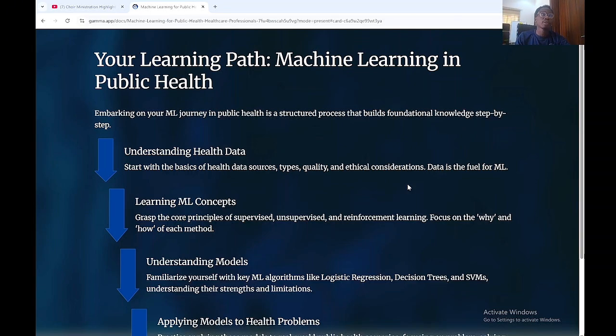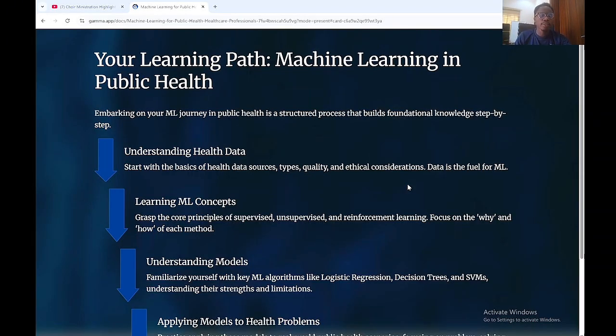You need to understand categorical data, and data management at several levels. You also need to understand data quality and ethical considerations in data handling, because data is basically the fuel for machine learning. Without data, machine learning doesn't really work. One of the things that makes machine learning applicable is the presence of data.